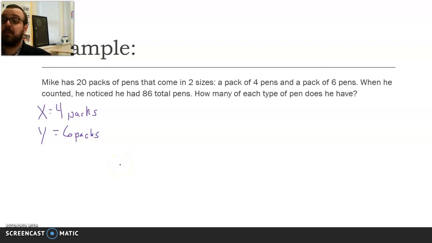And then that's what I'm going to use for my equation. So my total equation, again, is going to look like X plus Y, my number of 4 packs plus my number of 6 packs equals 20 packs of pens. He has 20 total packs of pens.